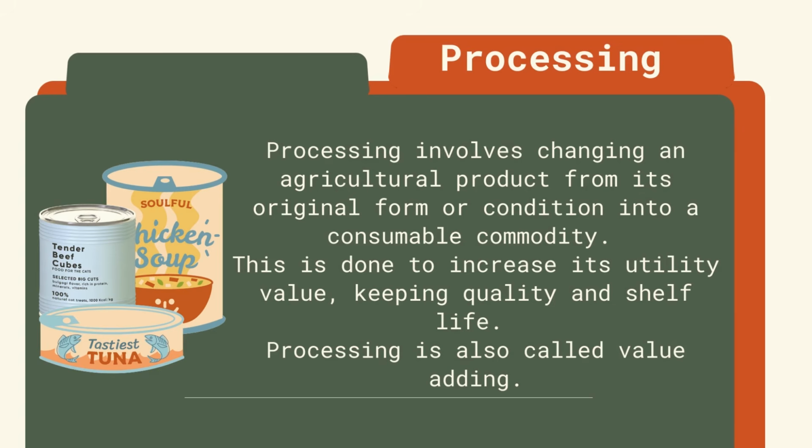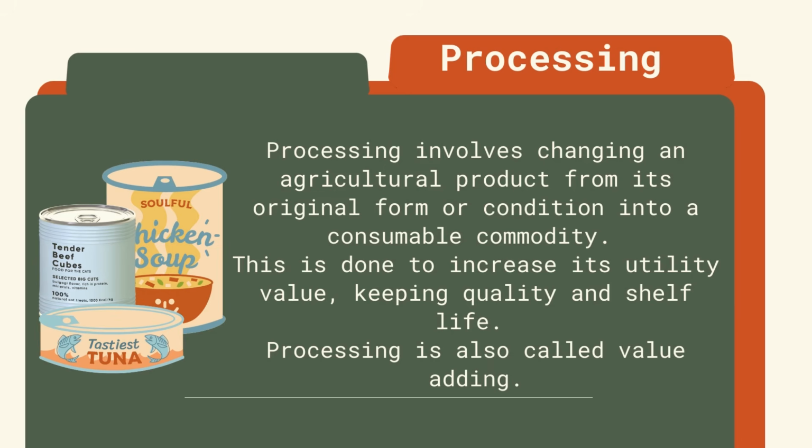Now, coming to the last main function of agricultural marketing, which is called processing. This is also called value adding. Now, processing involves changing an agricultural product from its original form, or rather from its raw form, into a consumable product, right?